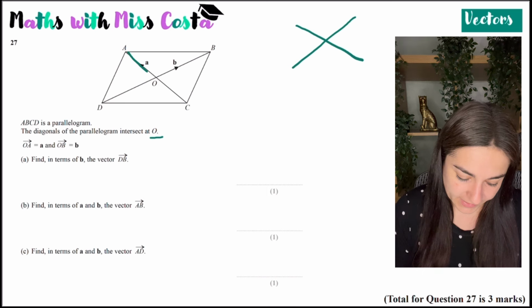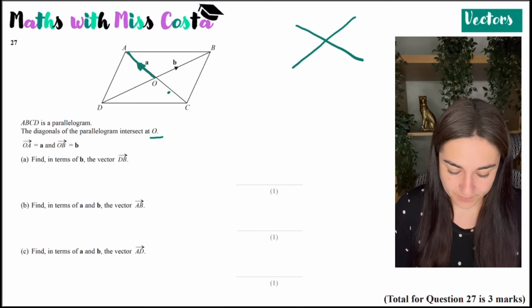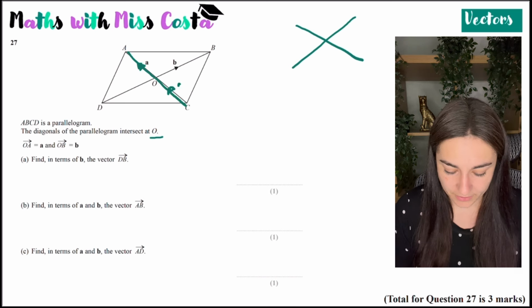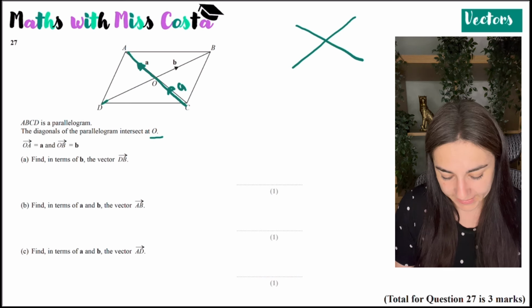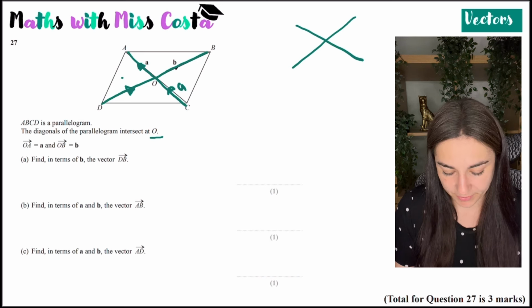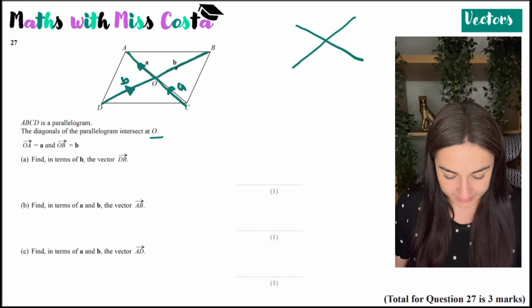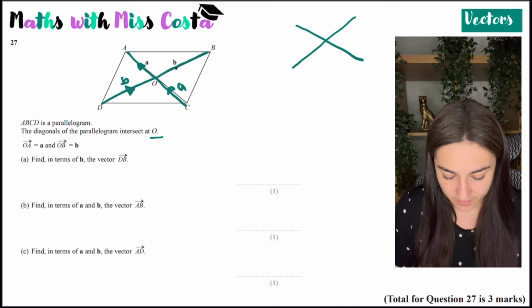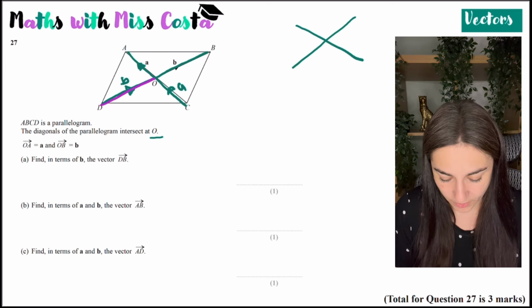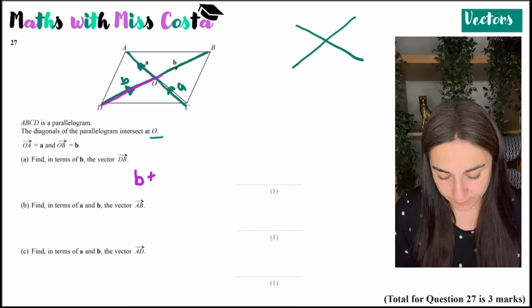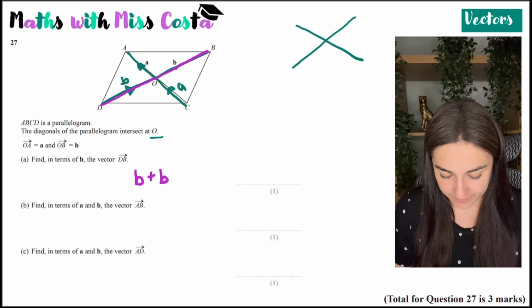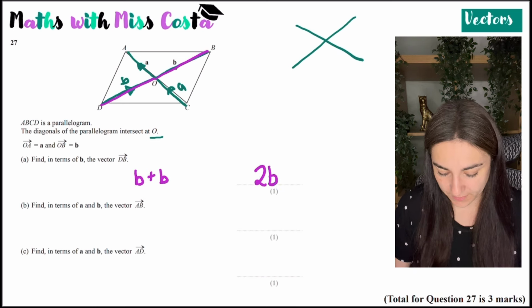So if this route here is A, this route here is also going to be A. And similarly, if this route here is B, this route here would also be B. So the vector DB goes from D to O, which is B, and from O to B, which is B. So that would be 2B.